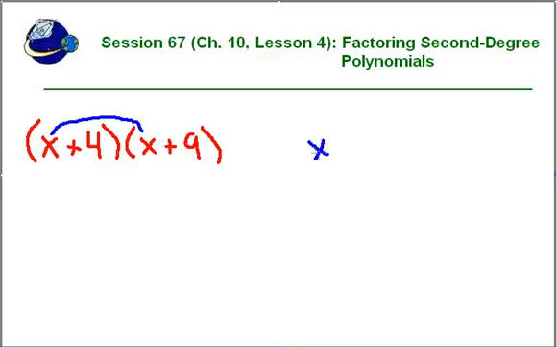Well, it's x squared. The next thing we do is we take our same first term and now we multiply it by the second monomial in this phrase, the 9. What is x times 9? Well, it's plus 9x.